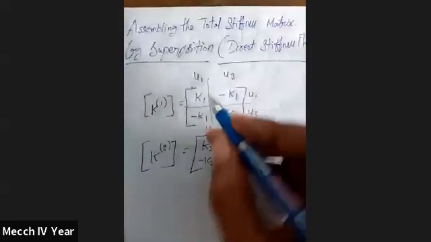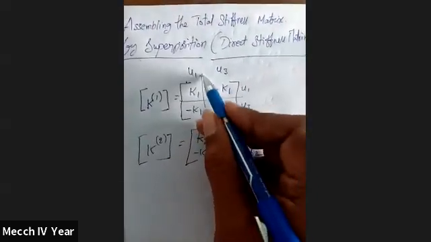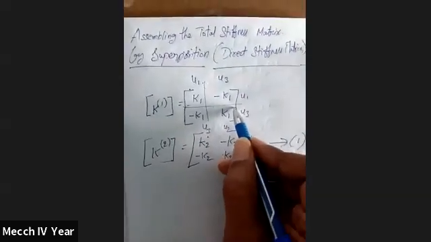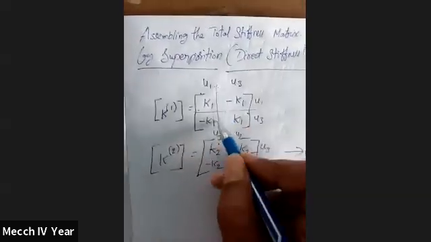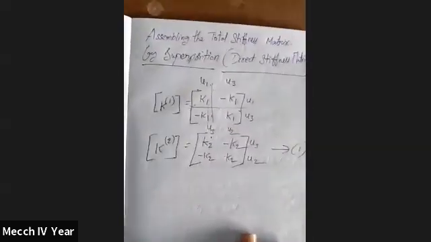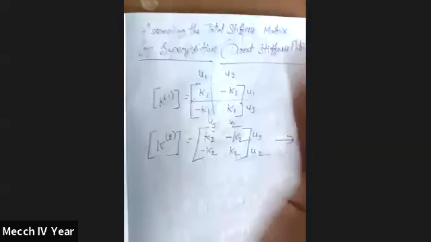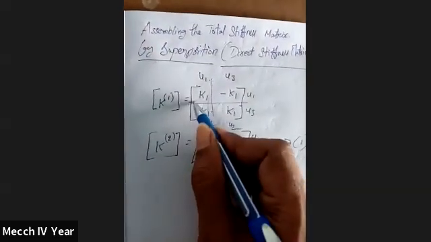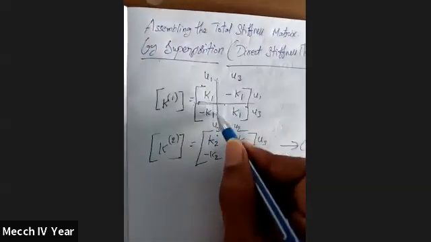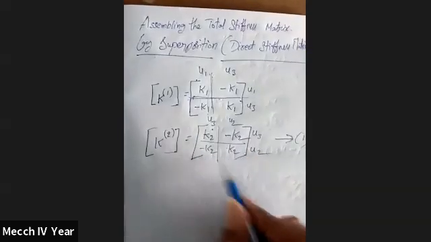So we simply add rows and columns of zeros for those displacements not associated with a particular element. Here we add zeros, here also zeros.